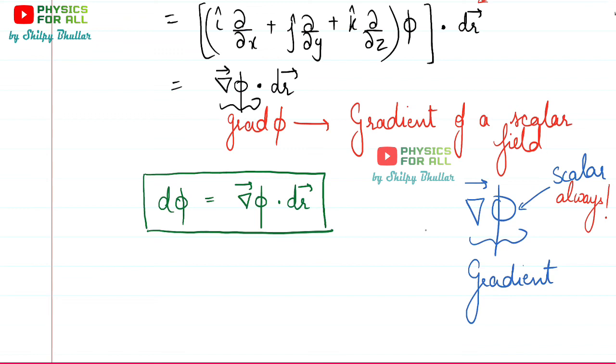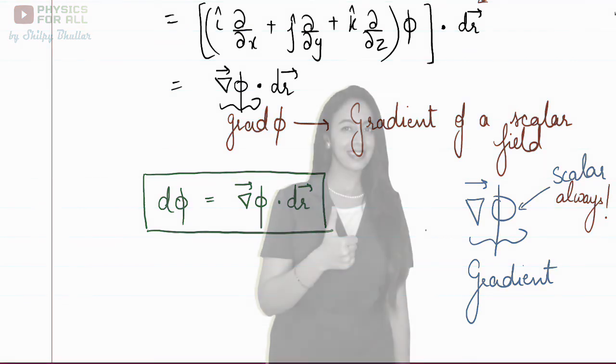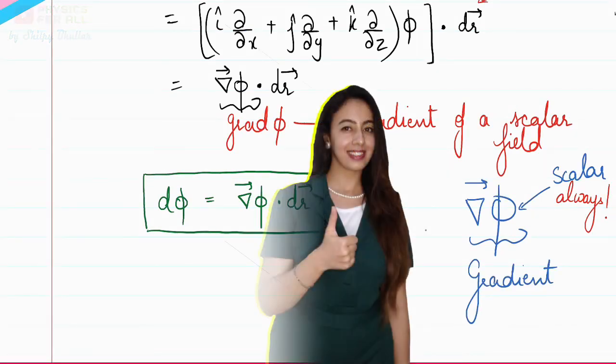In the next video, we are going to discuss the physical interpretation of grad phi. What does this actually mean in the physical world? If you have any scalar quantity, what do we actually mean by having a gradient of that quantity? Okay, so in the next video, we'll study that. Thank you.